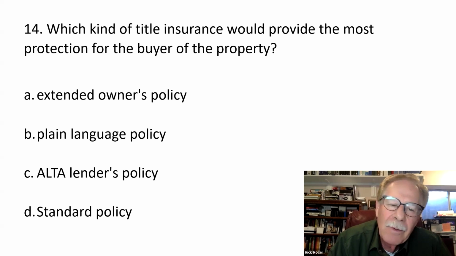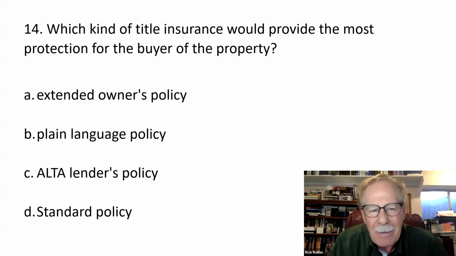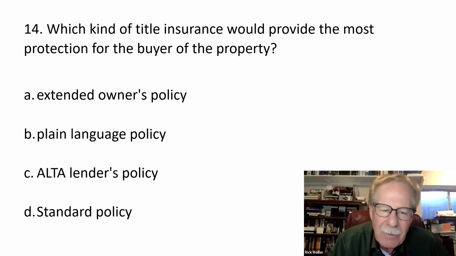But the very best one that has the most coverage for different things would be better than the other ones. So plain language policies are great, but that's not what we're talking about. ALTA stands for the American Land Title Association, and they have policies that are pretty standardized, so that would be standard policy. So if it's an ALTA policy, C and D are essentially the same thing. And plain language is, they're out there.